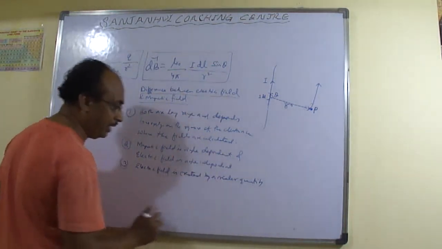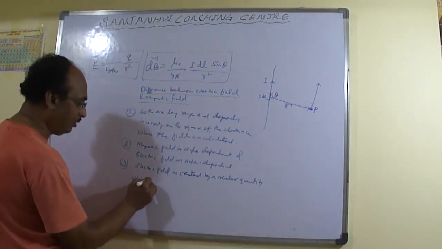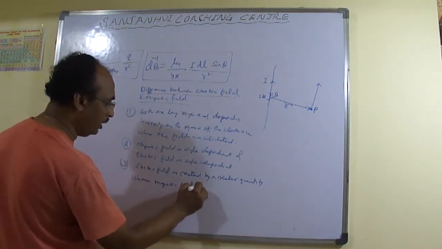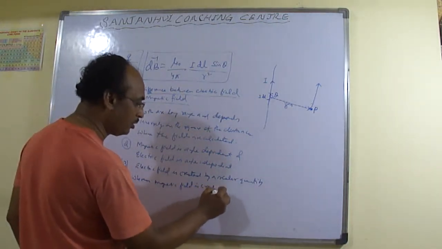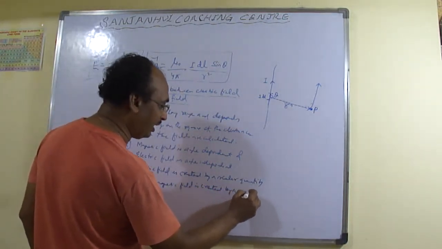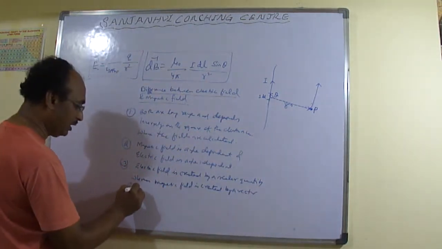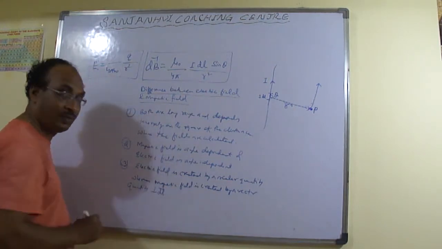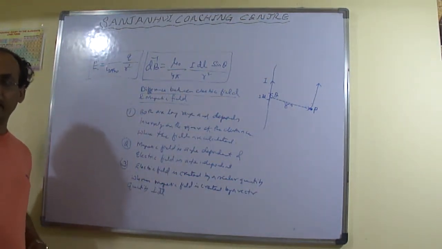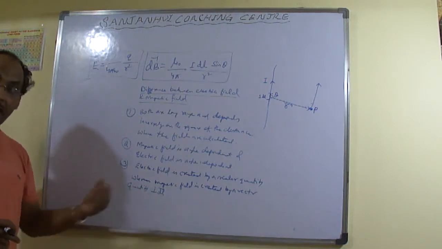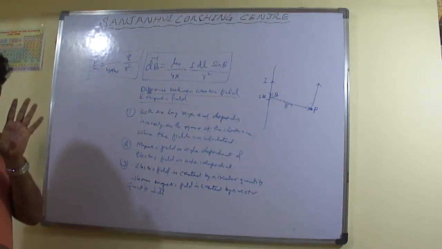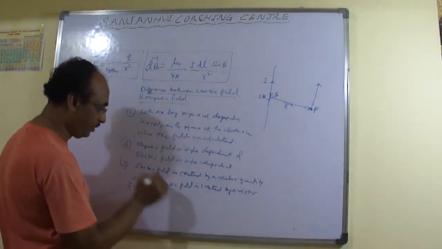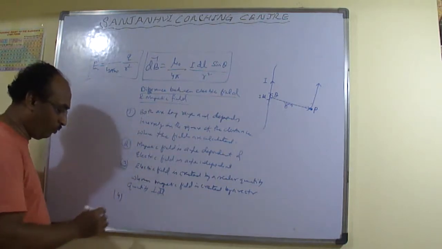Electric field is created by a scalar quantity, whereas magnetic field is created by a vector quantity, and that is I dl. Here we are writing I dl, there we are writing only Q, the charge. Right, very good.